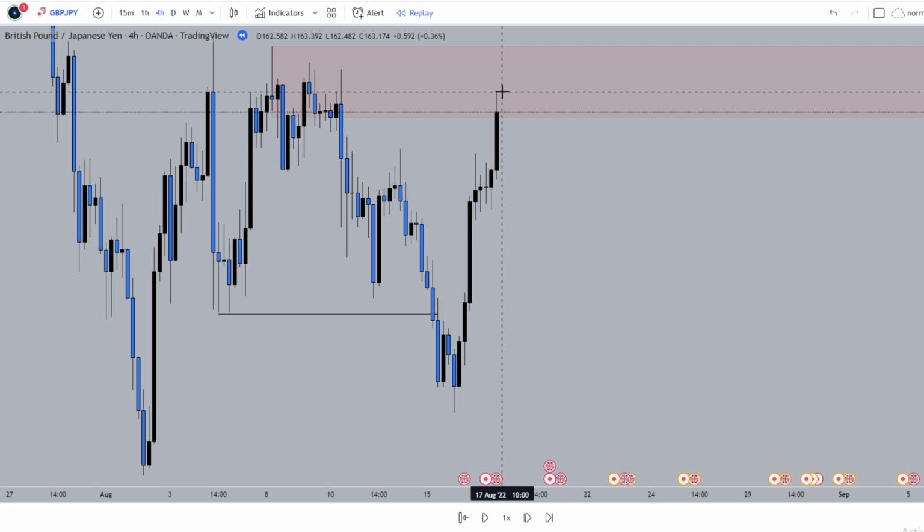And this trade was specifically taken in the last few minutes of the New York session. So it was a pretty good trade.